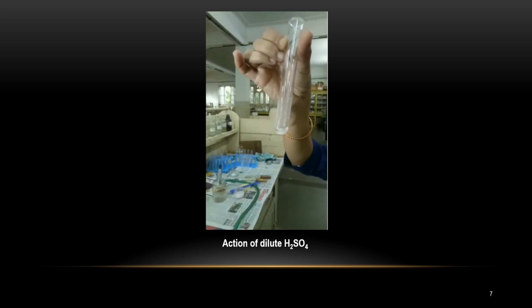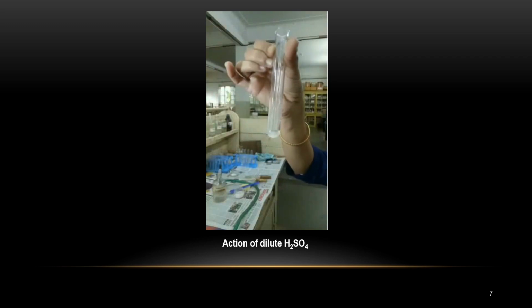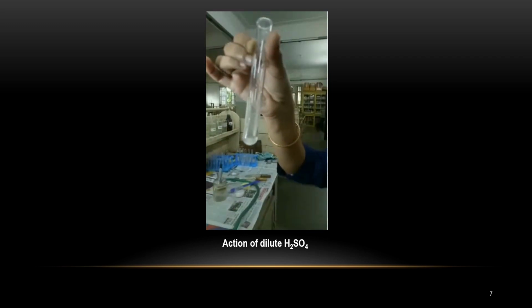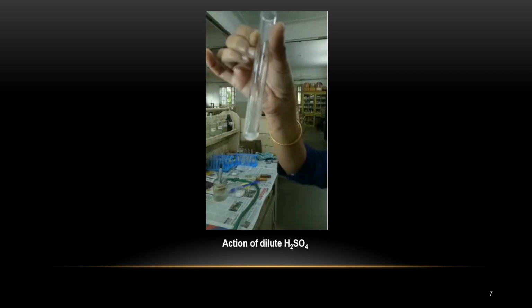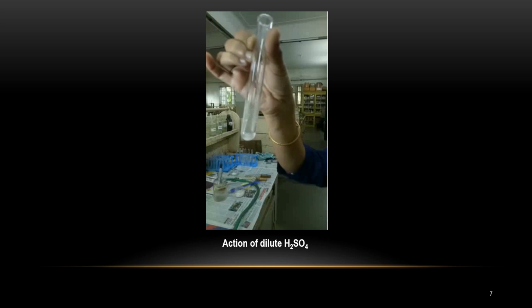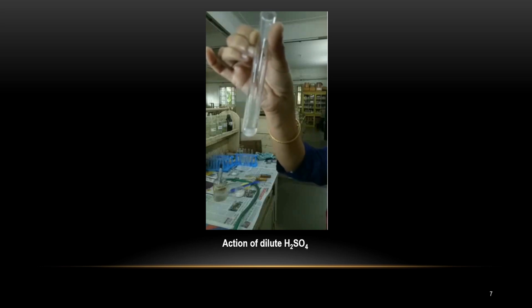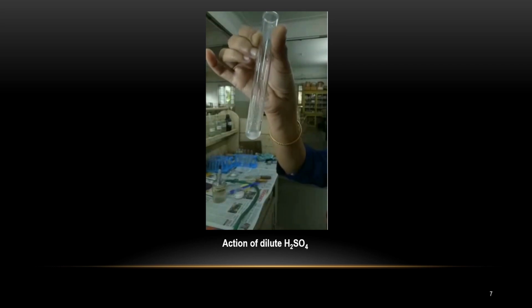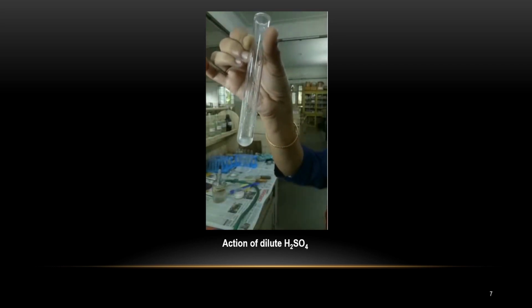If no action takes place with dilute H2SO4, then group 1 anions, that is carbonate, sulfide, sulfite, nitrite and acetate, are absent. After that we have to perform the action of concentrated H2SO4 and MnO2 for group 2.